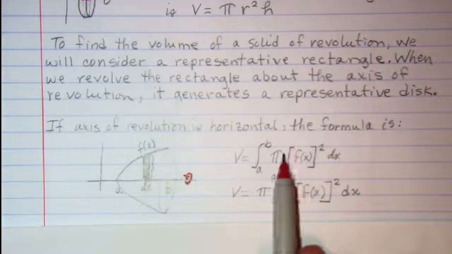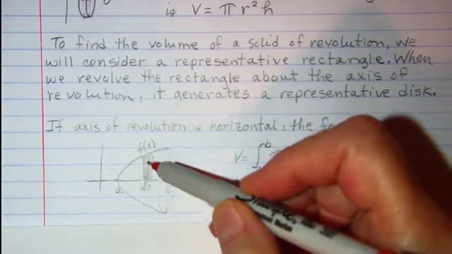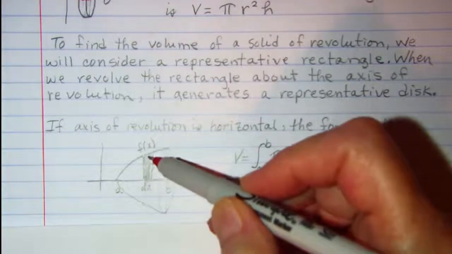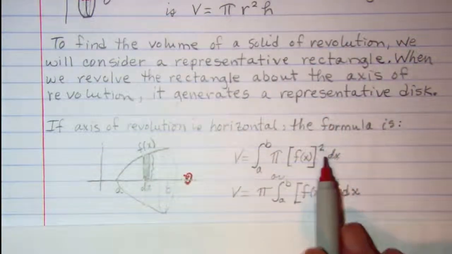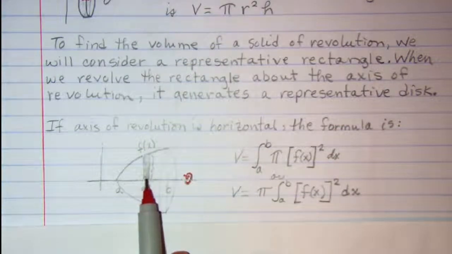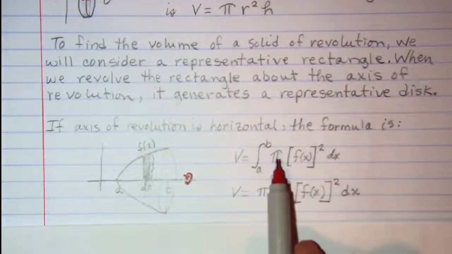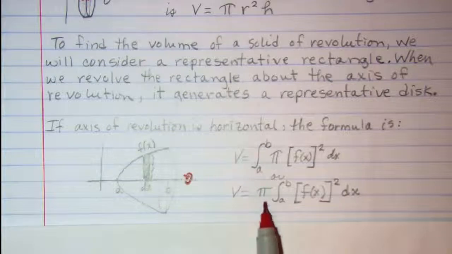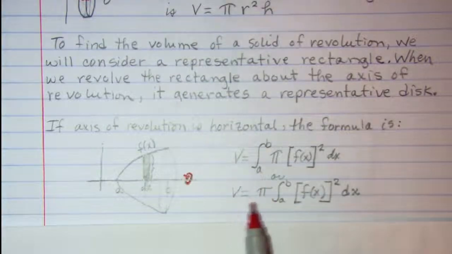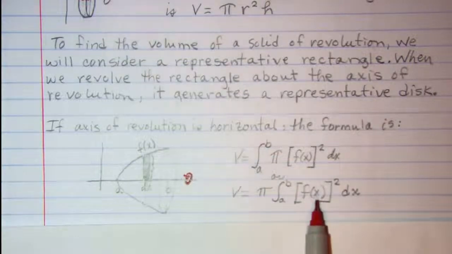R is the height or the value of the function at any given x value, and then dx is the thickness or the height of our cylinder, our disk. We can simplify this sum by pulling out the pi in front of the integral, and we have volume equals pi times the integral from a to b of f of x squared dx.